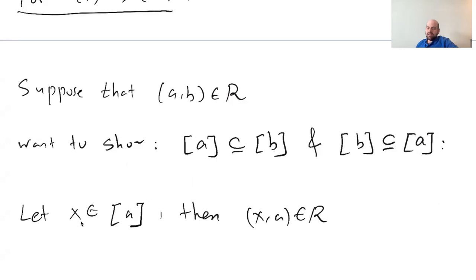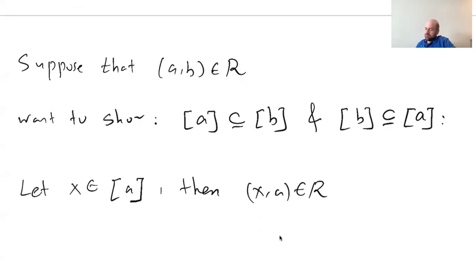All the elements X which are in a relation with A, meaning that either (X, A) is in R, or (A, X) is in R. In this case, I wrote (X, A) is in R, and both of them will be in R, because remember, an equivalence relation is symmetric. So if (X, A) is in R, (A, X) will also be in R. But I want to use the fact that (X, A) is in R.